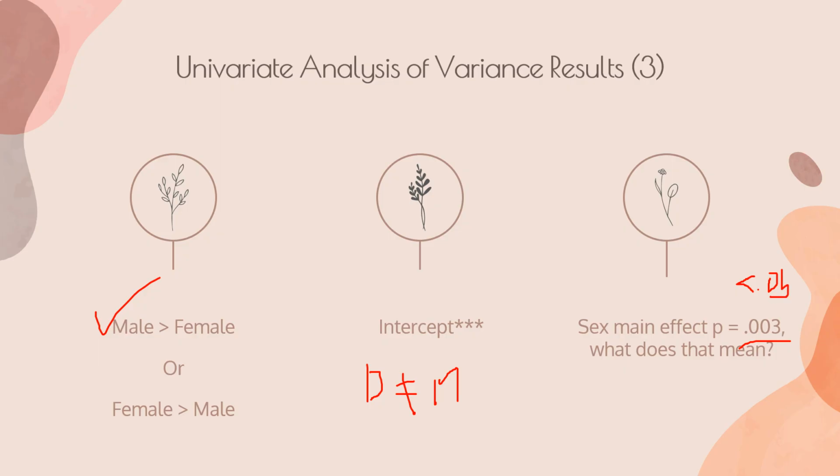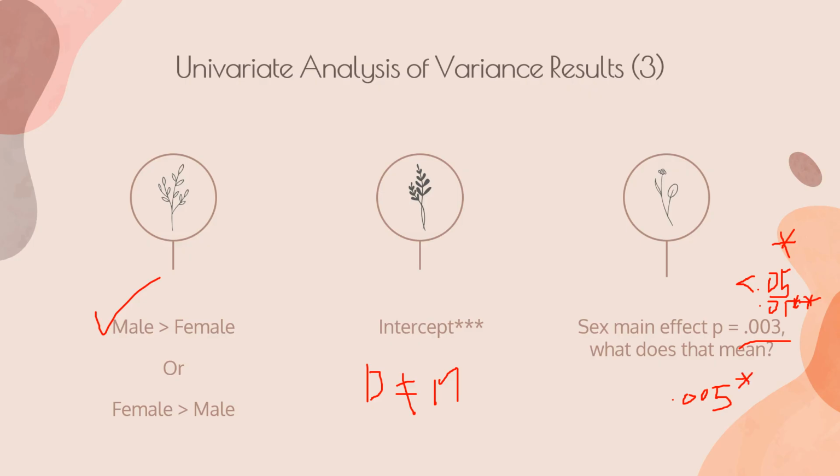Normally in stats you give 1 star for 0.05, 2 stars for 0.01, and 3 stars for 0.005.